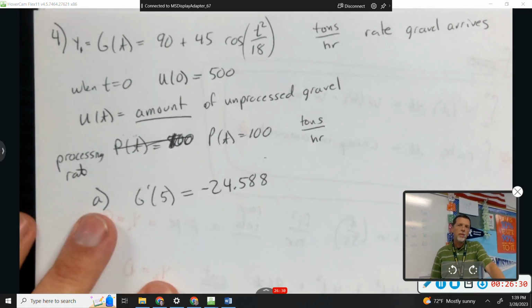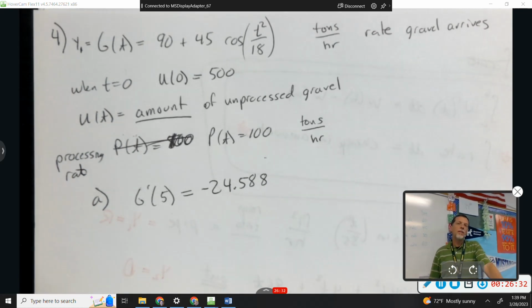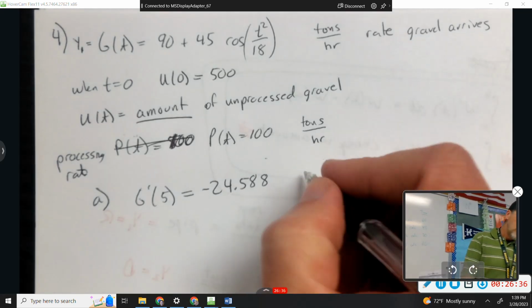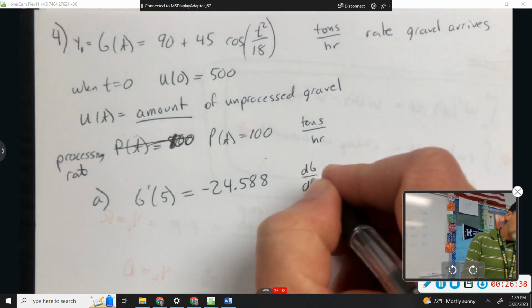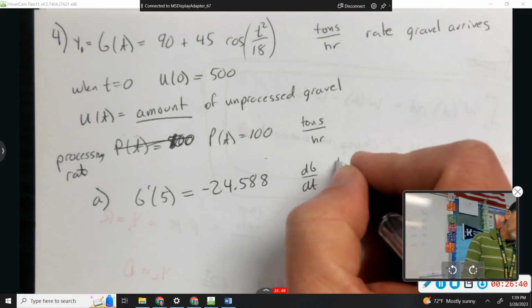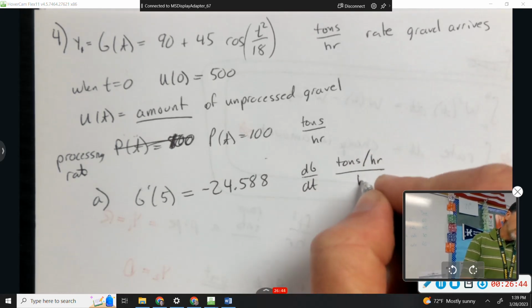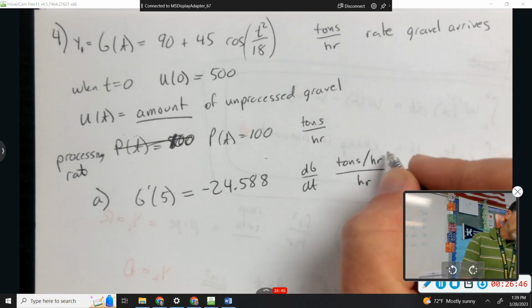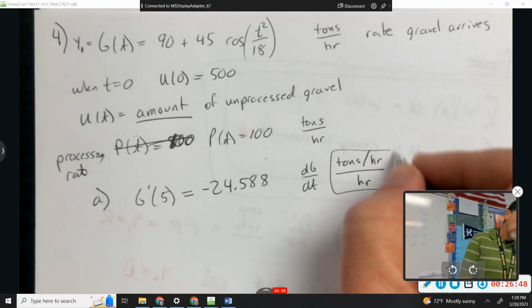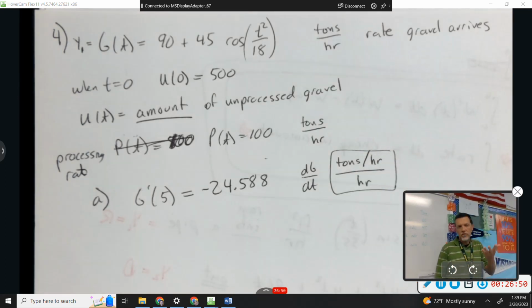We have to find the units though. We need a unit, and then we need an explanation of what that is. Tons per hour squared? I don't know. No, you're right. G is tons per hour, and t is hours. So you can leave it as tons per hour per hour. You could say tons per hour squared.